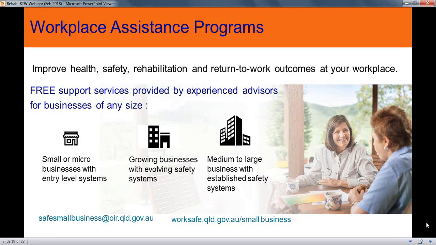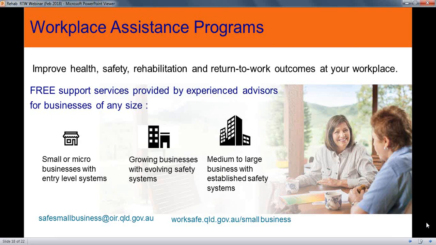They'll review current safety management systems and rehab and return to work arrangements, verify workplace hazards, evaluate workplace safety climate, and from that, develop an improvement plan tailored to your business's needs. As I said, there are 3 levels.